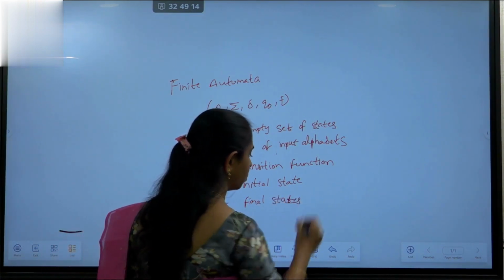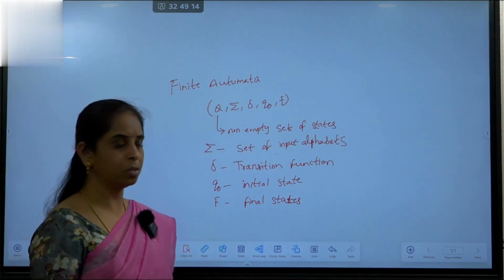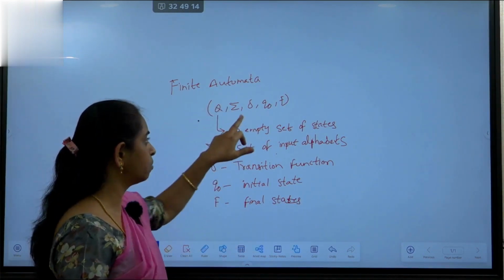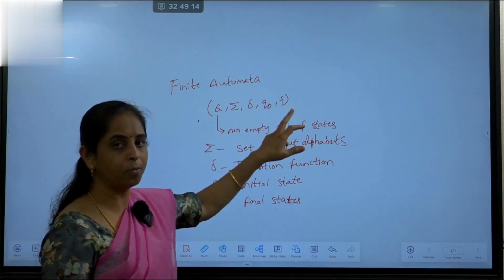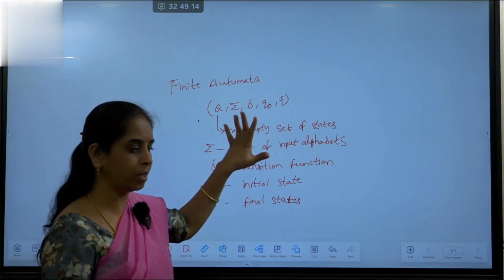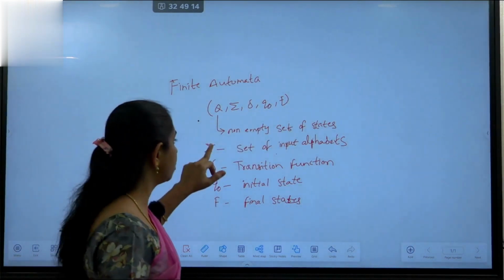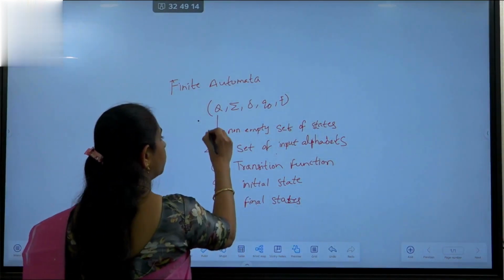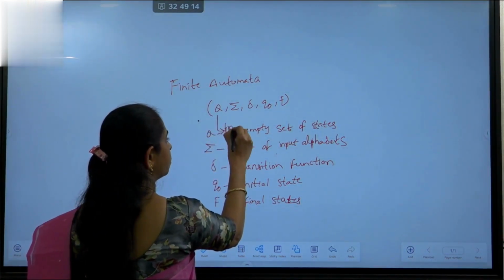We can have 2 or more final states. So Q, sigma, delta, Q naught, F are the 5 tuples that we have in the finite automata, where Q is the finite non-empty set of states.